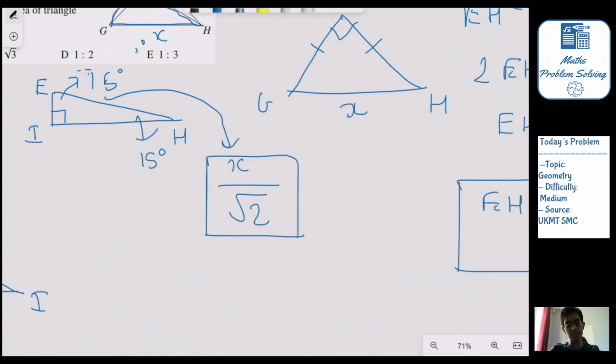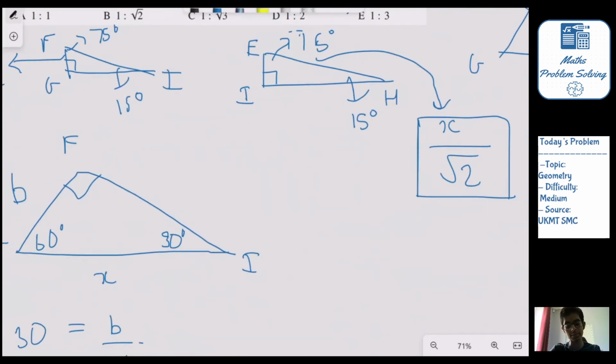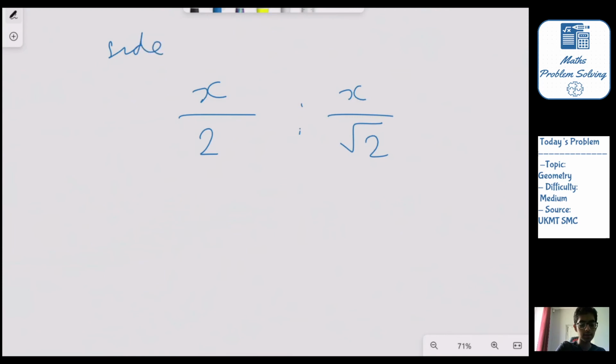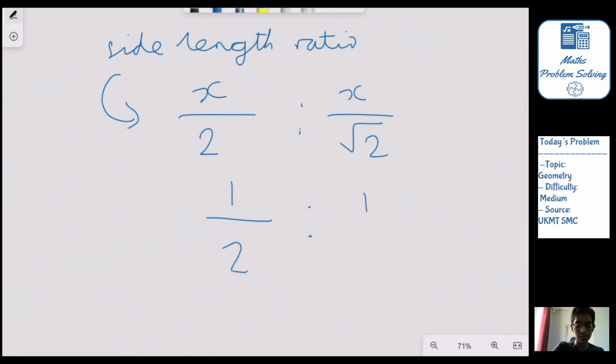One of these is x divided by 2, one of these is x divided by root 2. So therefore, the ratio of the side lengths is this. Let me label this as the side length ratio. It's x divided by 2 to x divided by root 2. So that's basically just a half to 1 over root 2, okay?